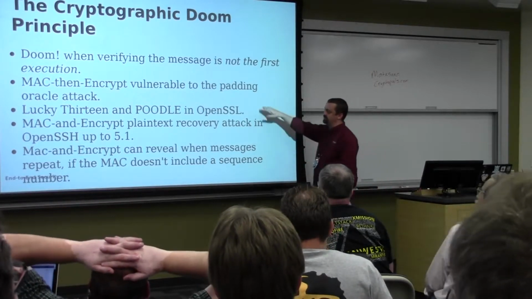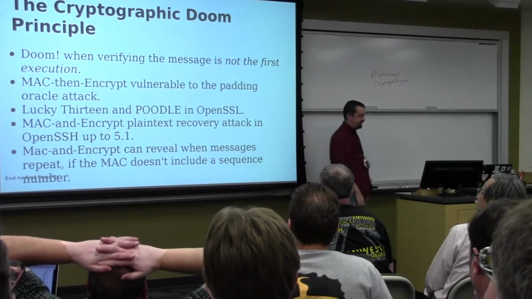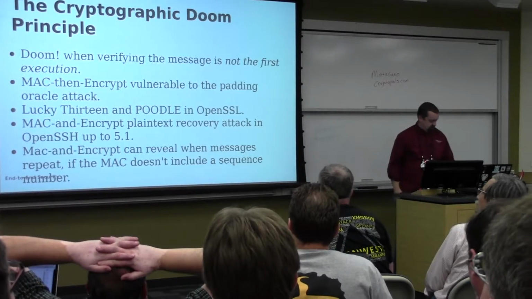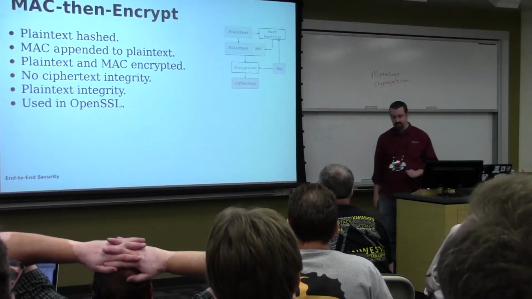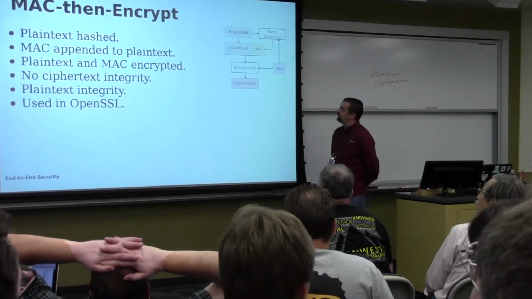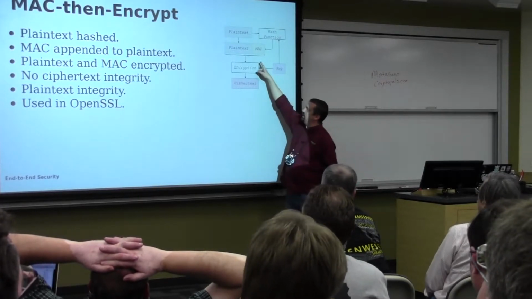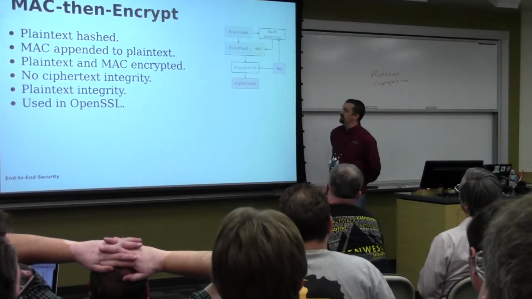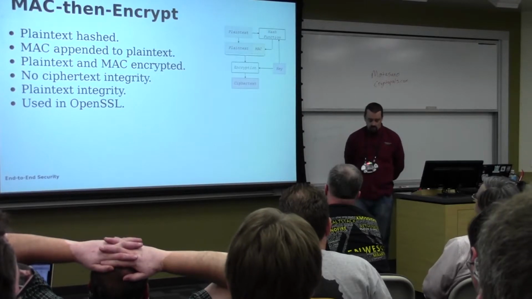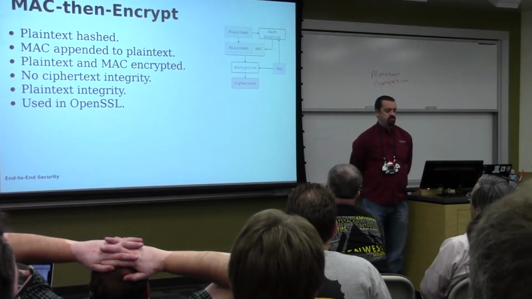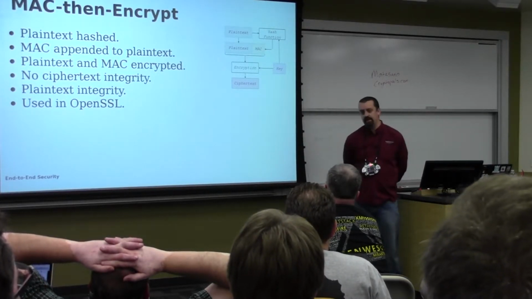With MAC-then-Encrypt, first off, we're vulnerable to a padding oracle attack. If I go back to my slide here, because the MAC tag is a part of the plain text, and I get my ciphertext, I'm not sure how much the plain text has been padded.